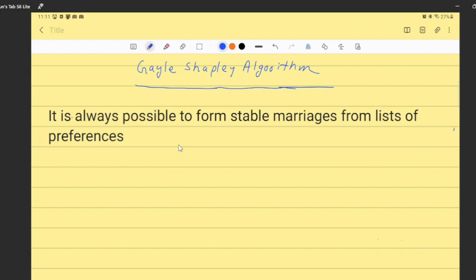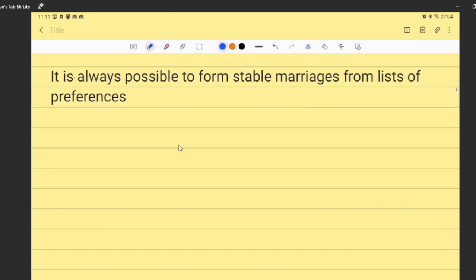So let's understand what this means by taking some examples. Suppose we have three boys, B1, B2, B3, and we have three girls, G1, G2, G3.